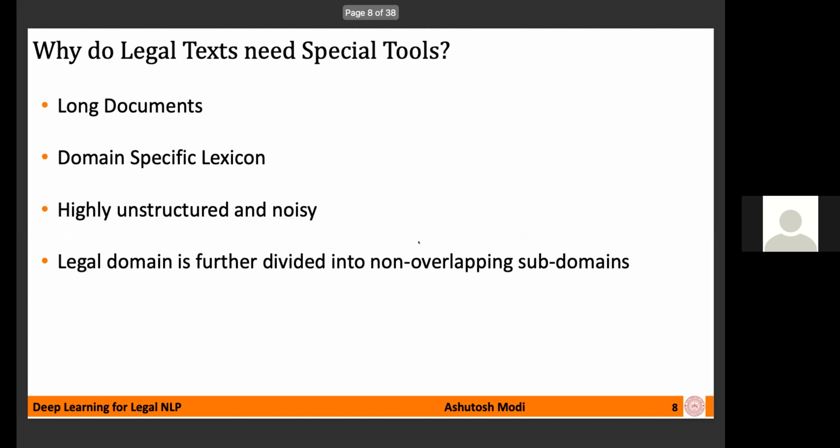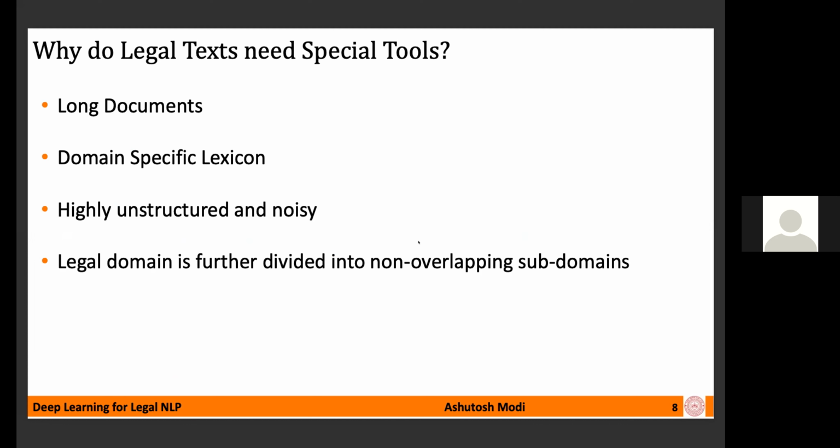So another challenge with the legal domain is that it is further subdivided into many subdomains corresponding to different laws. For example, there might be documents corresponding to criminal law, income tax law, competition law, and so on and so forth. Although some of the fundamental legal principles are common, the overlap between different subdomains is low.